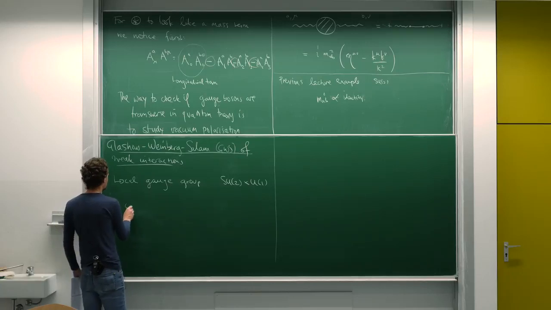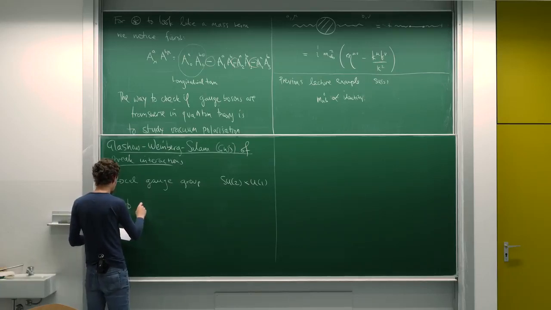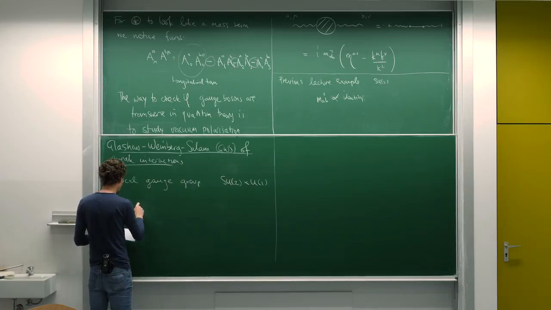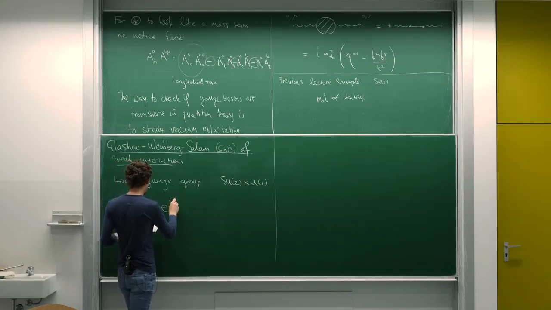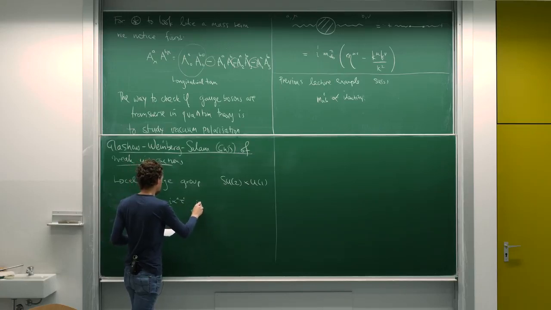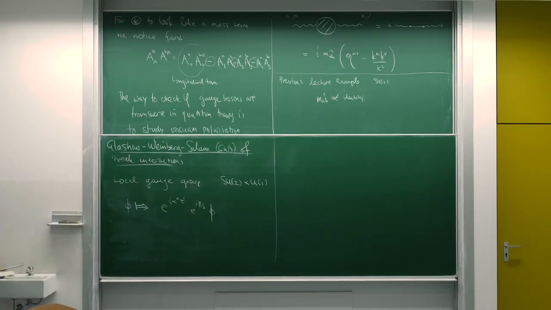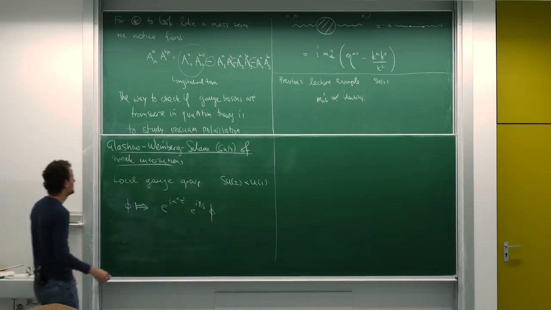And how does this act on our boson field? Well, we have a doublet. And the way it acts on our boson field is according to this representation here.